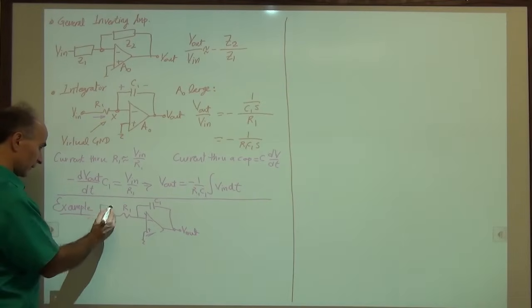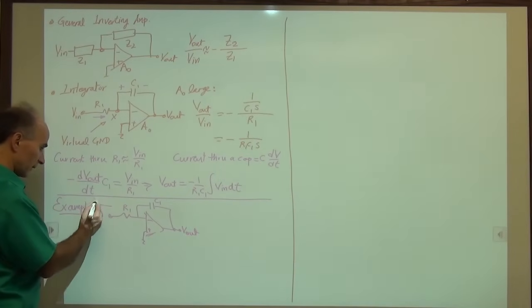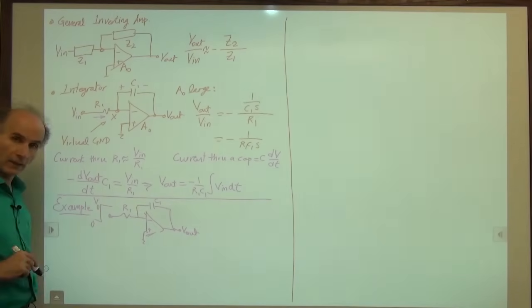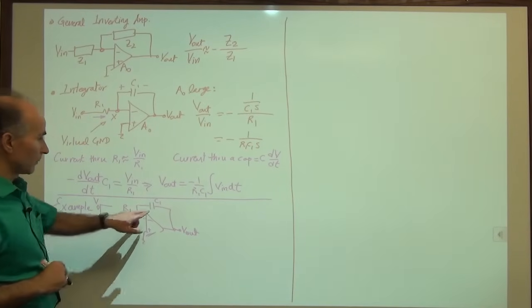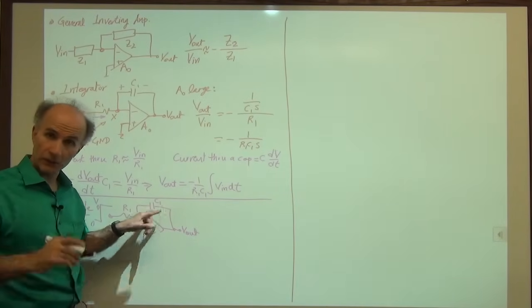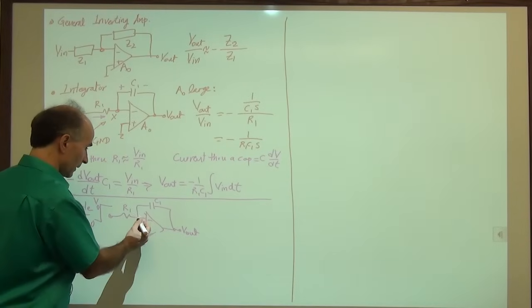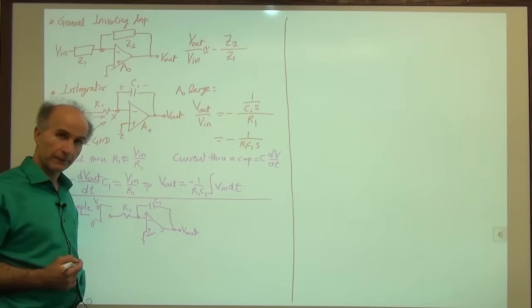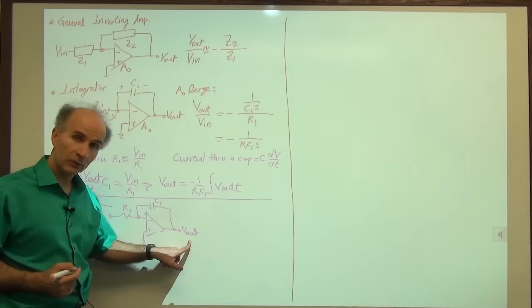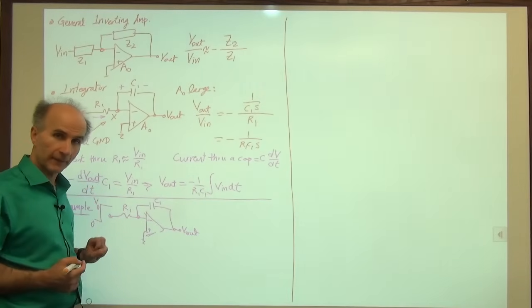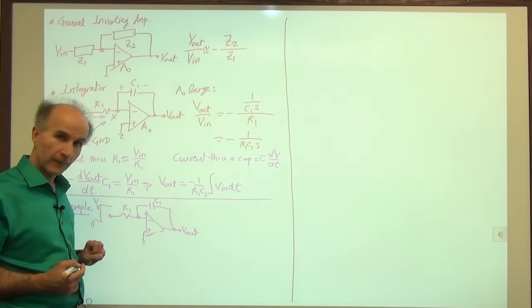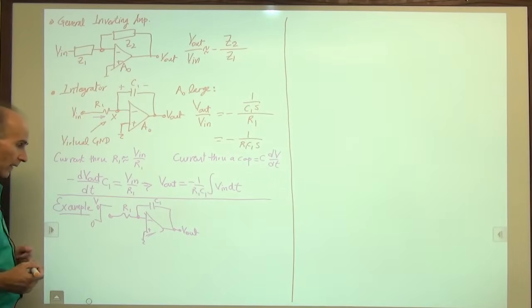So here's a step that goes from 0 to V0, a step of voltage. We assume the initial condition on C1 is 0, so it has no charge, no voltage. We assume A0 is large enough, and we would like to plot V out as a function of time.